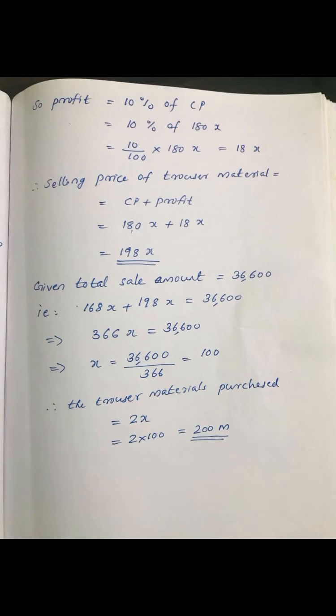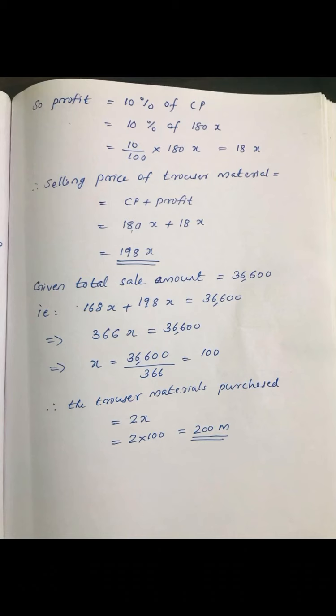Adding these two, 168 plus 198, we will get 366x, that's equal to 36,600. From that we can find out the value of x. 36,600 by 366, that's equal to 100.